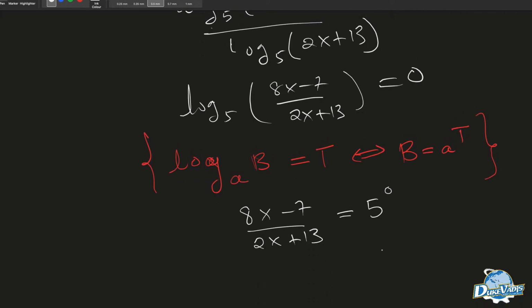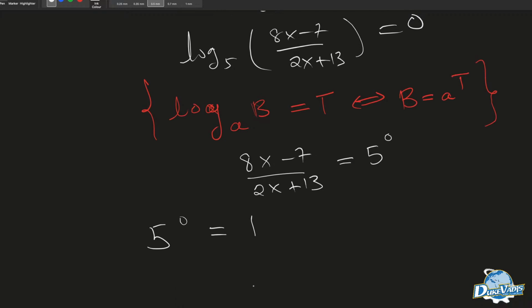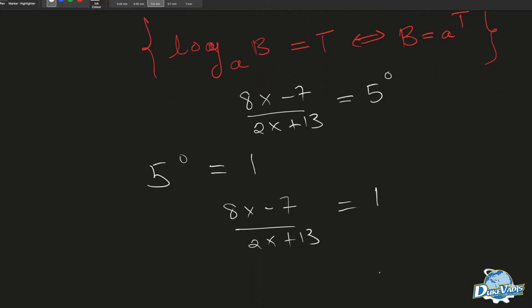Friends, we know for sure that 5 raised to the power 0 will always be equal to 1. If that is the case, then our equation 8x minus 7 all over 2x plus 13 will be equal to 1. You see, 1 is always divisible by 1.